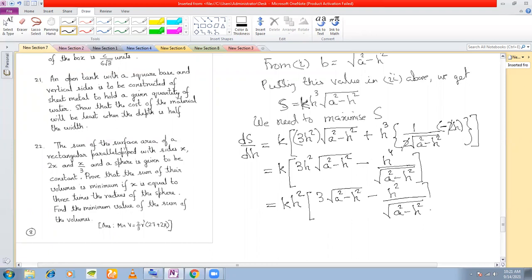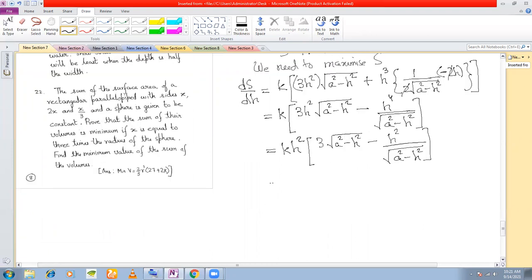And now you can take the LCM. K h square, you get thrice a square minus h square minus h square divided by root a square minus h square.